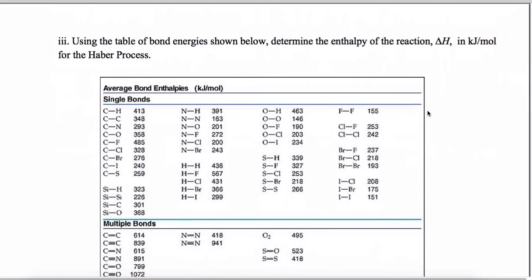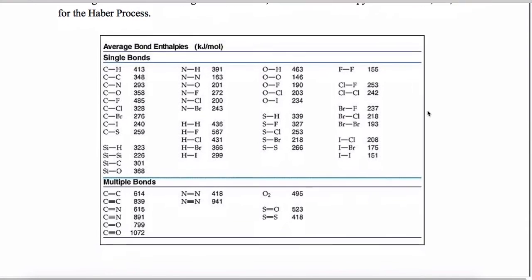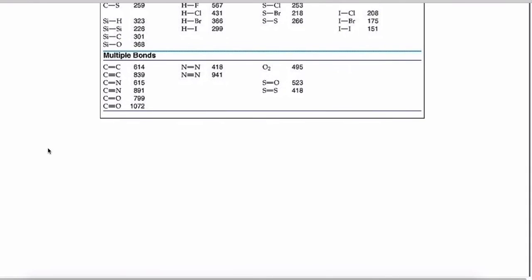All right. So now it says, using the table of bond energy shown below, determine the enthalpy of this reaction. So this is something people really struggled with, but I don't think you are going to anymore because you've gotten so good at drawing Lewis structures. So here we go. We have N2 plus 3H2 goes to 2NH3.